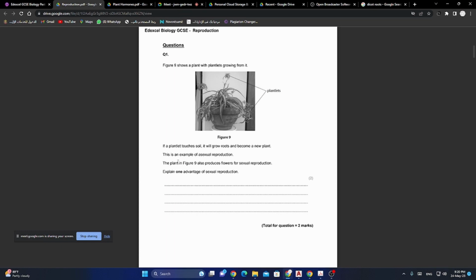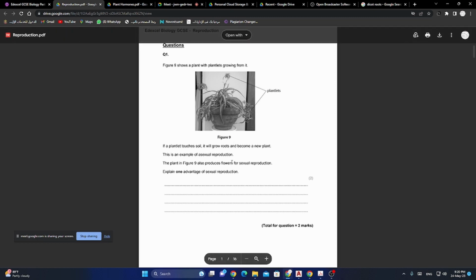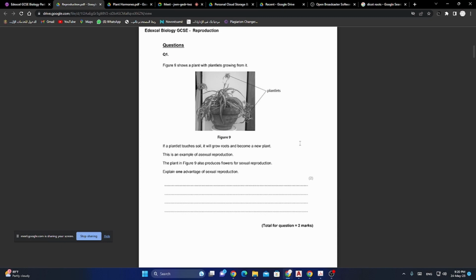The plant in figure 9 also produces flowers for sexual reproduction. Explain one advantage of sexual reproduction. What was the key difference between sexual and asexual?